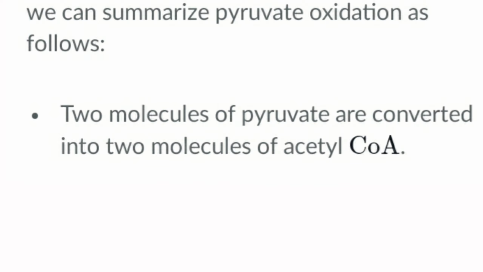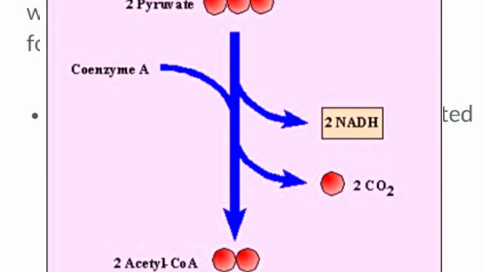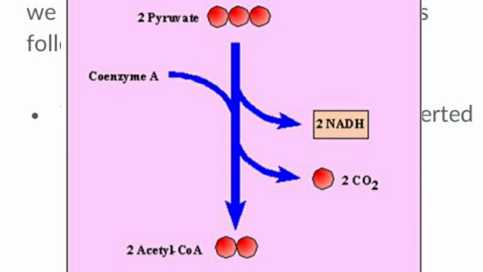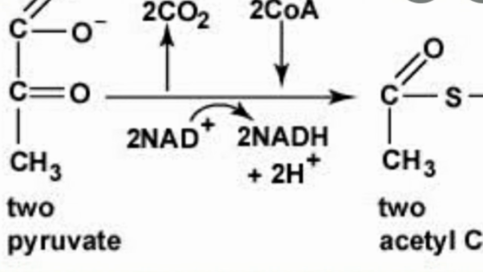We can summarize pyruvate oxidation as follows, children. The 2 molecules of pyruvate are converted into 2 molecules of acetyl coenzyme A. And 2 carbons are released as carbon dioxide out of the 6 originally present in the glucose.